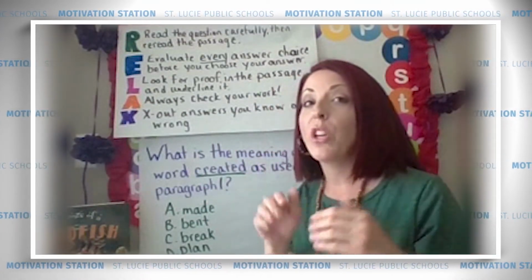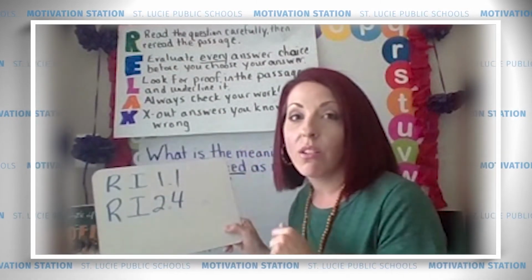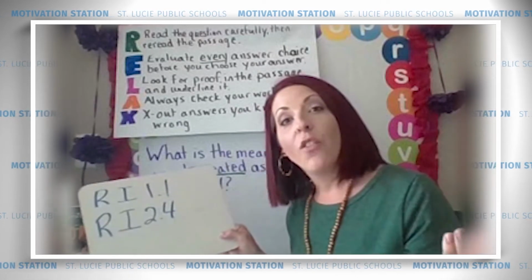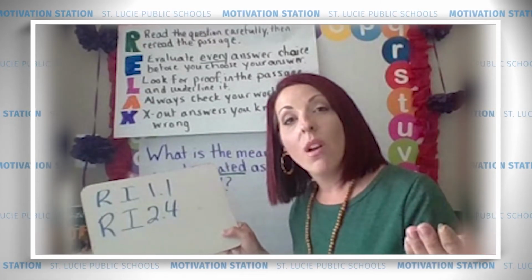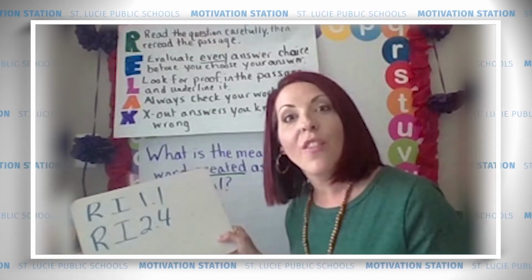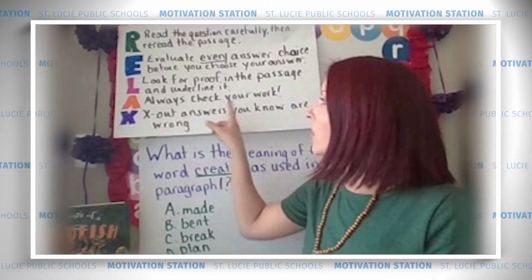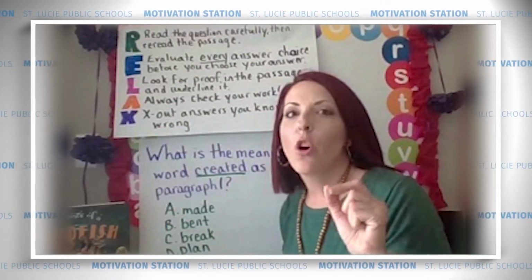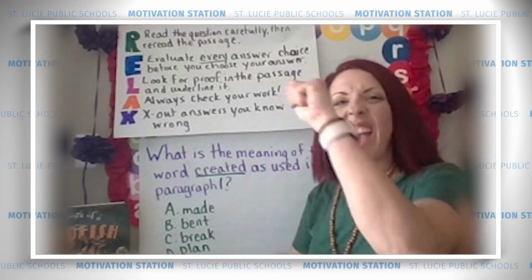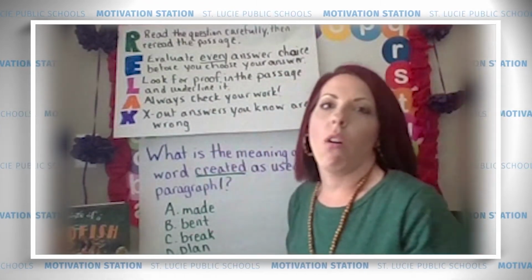It's so important that we go back in the text. That's that RI 1.1, boys and girls. That's referring to the text. If you remember last week, I told you what's so cool about reading? Yes, the text has all the information for you. It's so awesome. Always check your work is the A. Always go back and check your work, and we're going to X out any answers that we know are wrong.